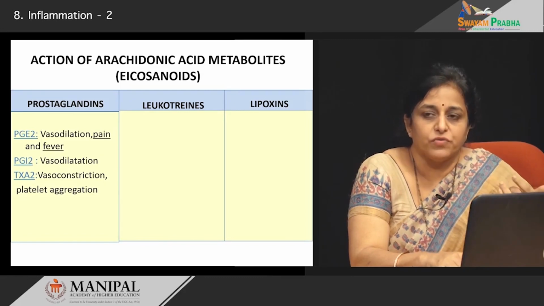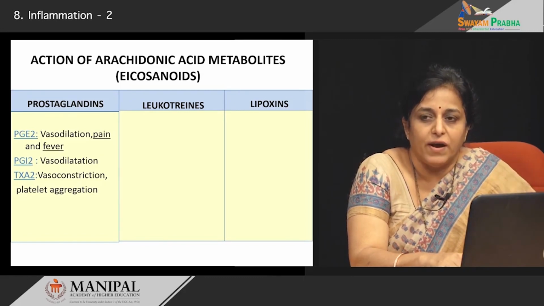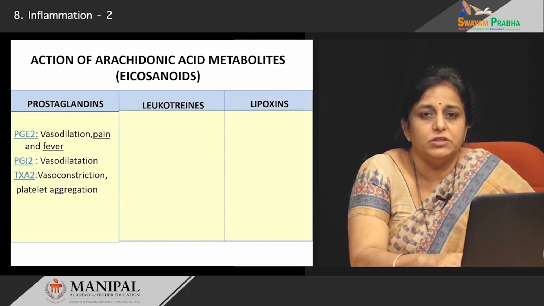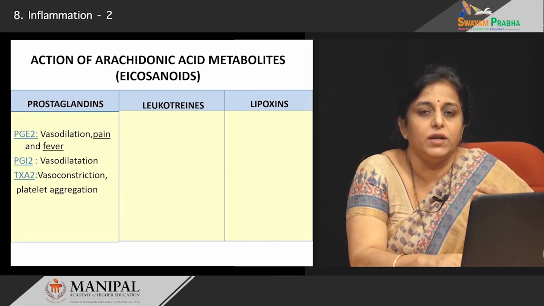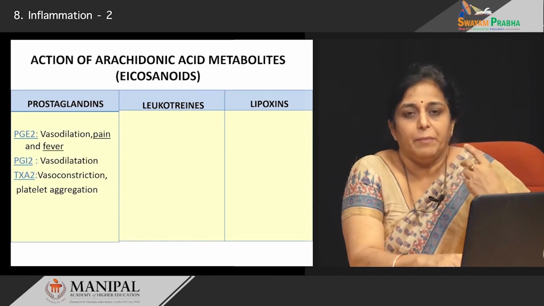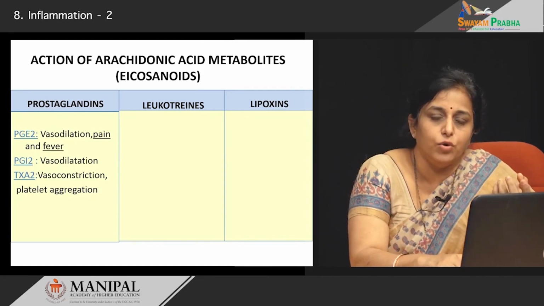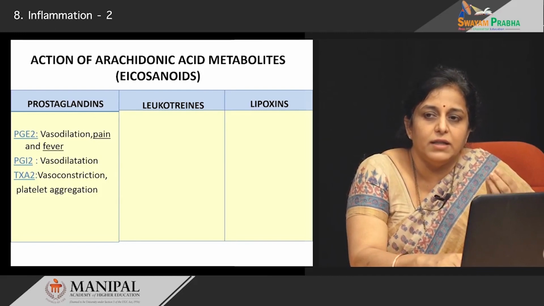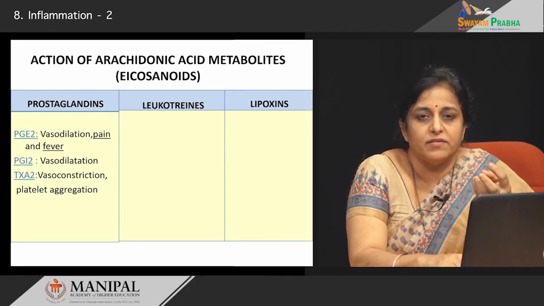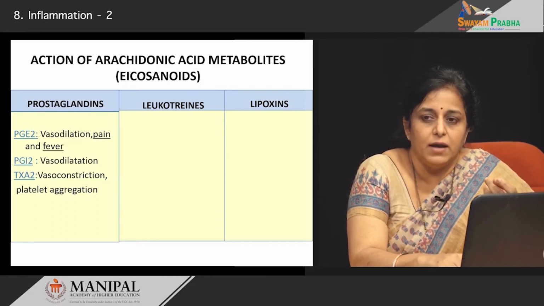What are the effects that prostaglandins produce? PGE2 causes vasodilation. In addition, the pain and fever that you get when you have an inflammation, for example acute tonsillitis or acute sinusitis, the pain at the site of inflammation or the fever is caused by prostaglandins.